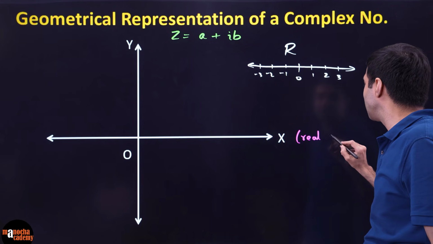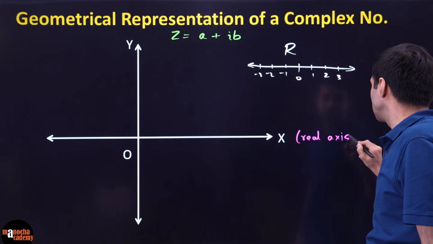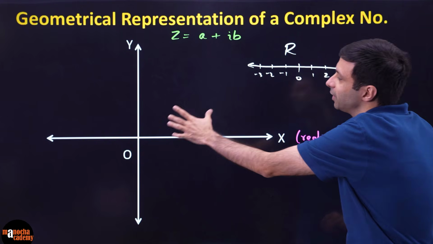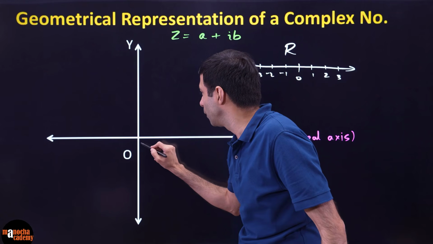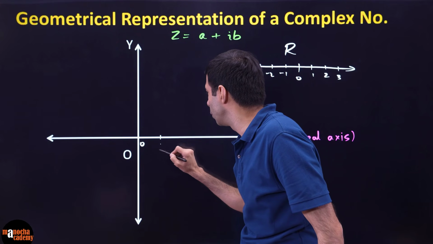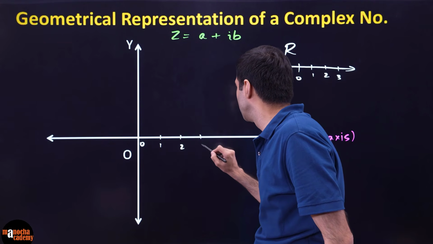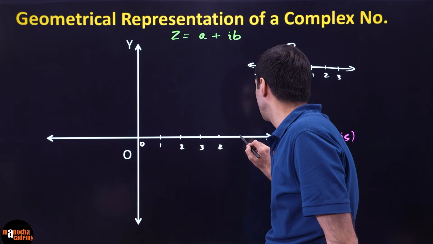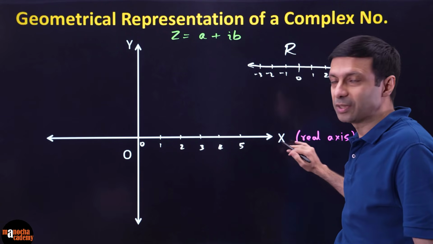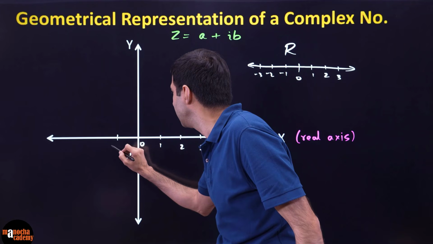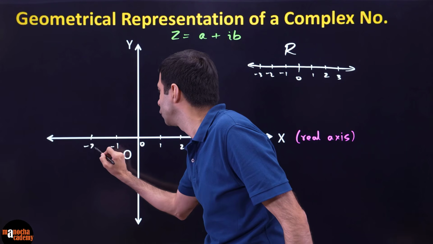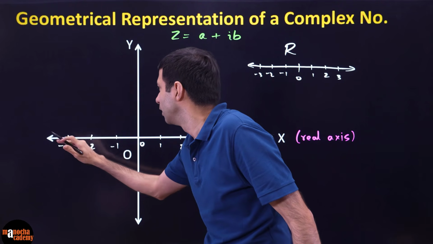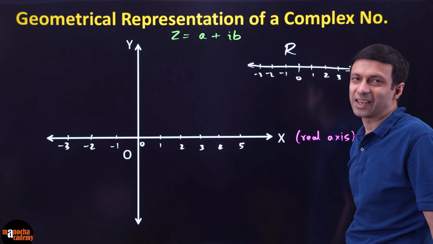So we can say this is our real axis. It's like you've just copy-pasted the number line here. See all these numbers, this is your 0 over here. Then let's say this is your 1, 2, 3, 4, 5 and so on. So positive real numbers here and negative this side, -1, -2, -3 and so on. So this is our real axis.